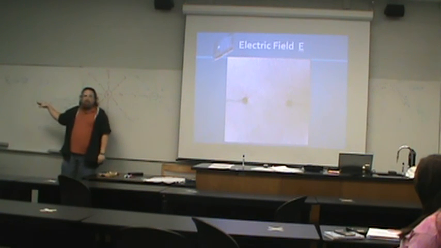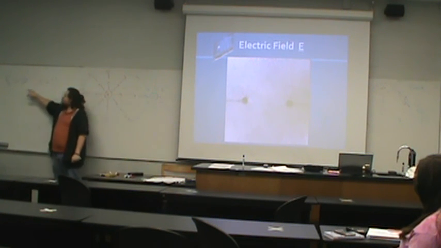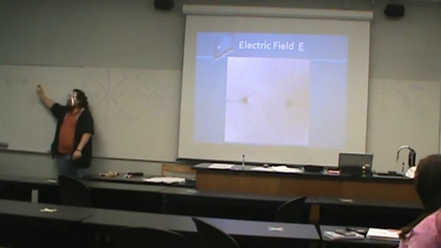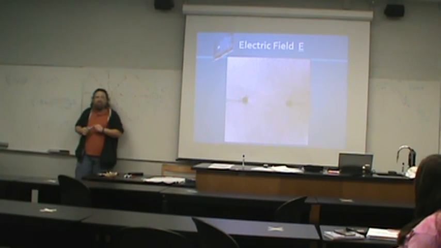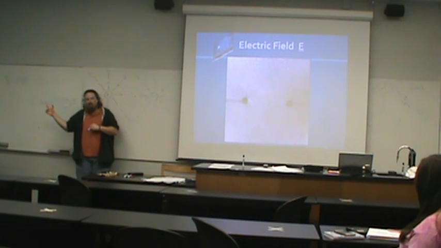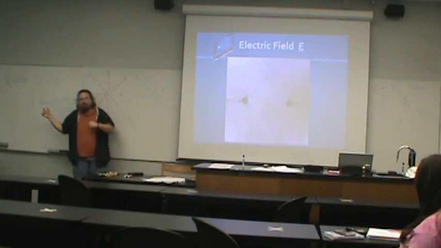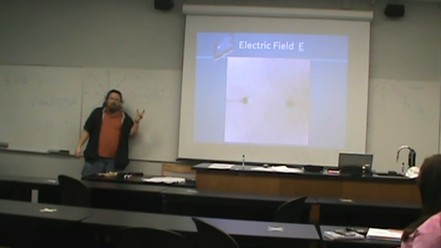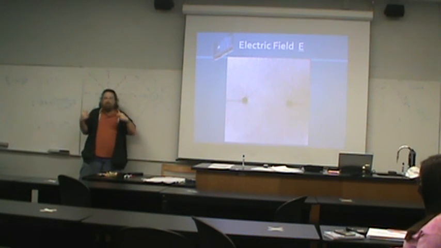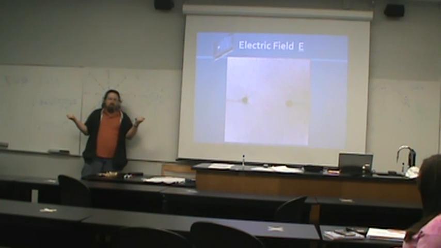The formulas all take the same shape. Functionally, this is just what happens with masses, and this is just what happens with charges. The main difference is you only have positive mass. You can have positive or negative charge. Gravity can only point inwards. Electric forces can point in or out because of the duality.